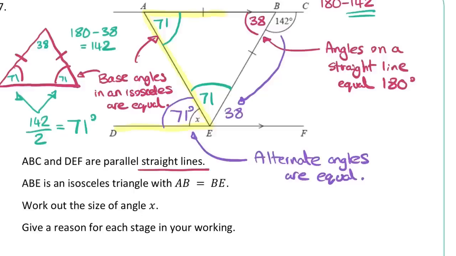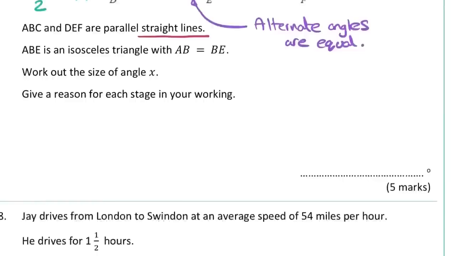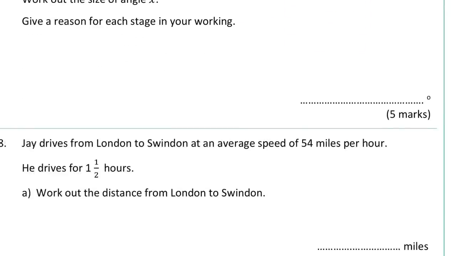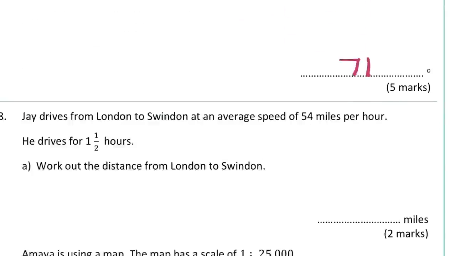And then you could do angles on a straight line and things like that, but there's always multiple different ways of getting to the answer when we have parallel lines involved. So you've got to be really confident with those different angle rules. But there we go, our final answer was 71. We've given all of our reasons, lots of marks for those types of questions, and there we go, 71.